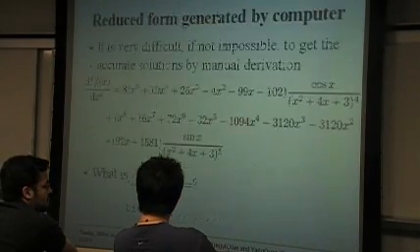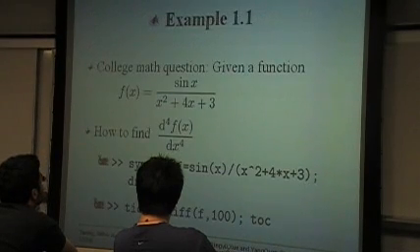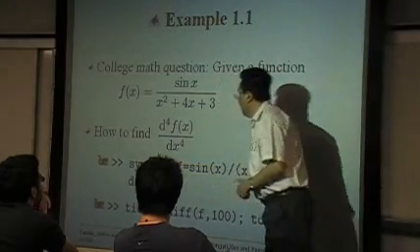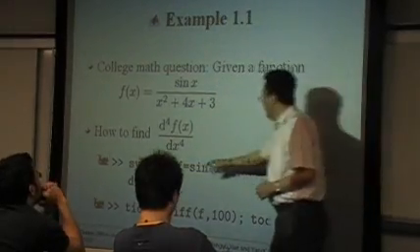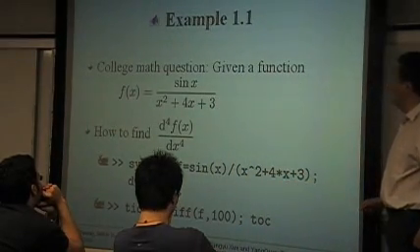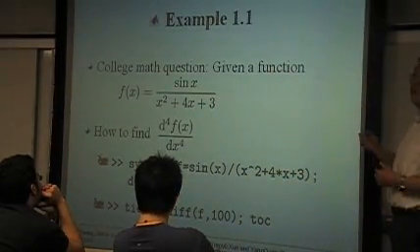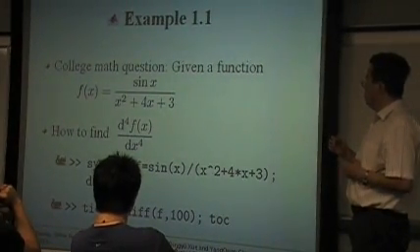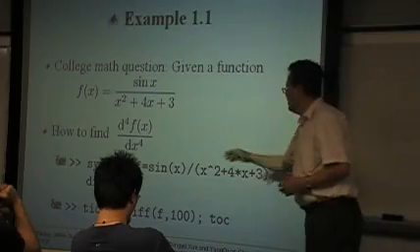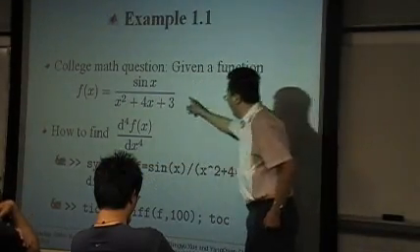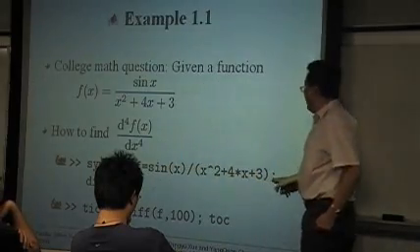And with the use of Matlab, what you are expected to do is something like this. I will go to the details later on, just to give you a brief talk about it. First, you have to declare that x is a symbolic variable, which is quite different from the numerical variable you used before. Here we declare the symbolic variable first, and then define the function in a Matlab command.